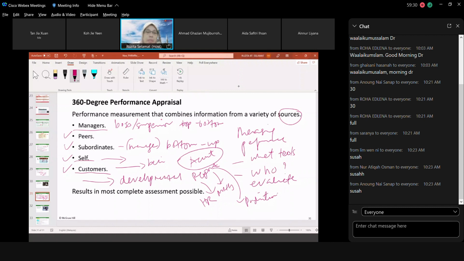If a company uses all these sources, we call it 360-degree performance appraisal. Meaning everyone around you that you deal with.